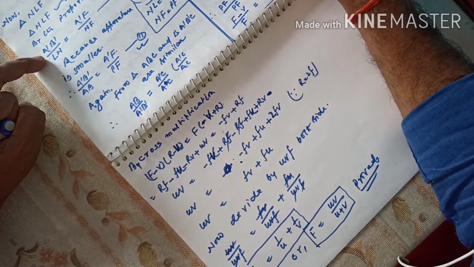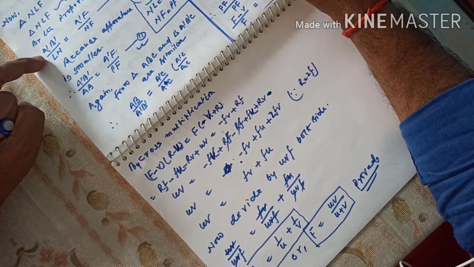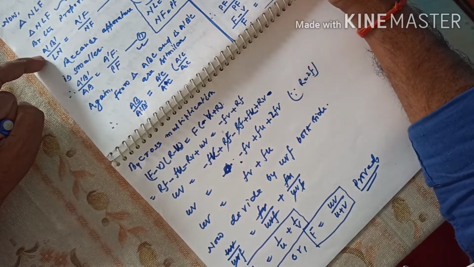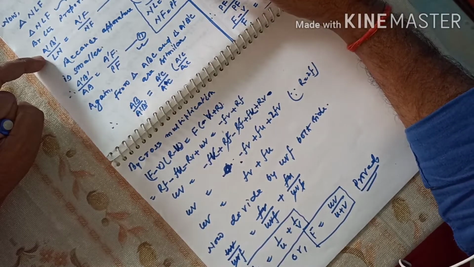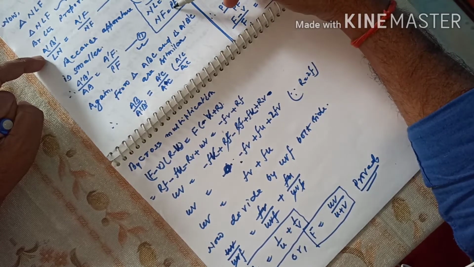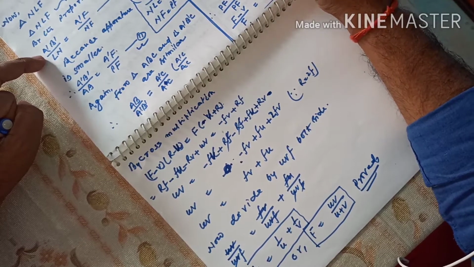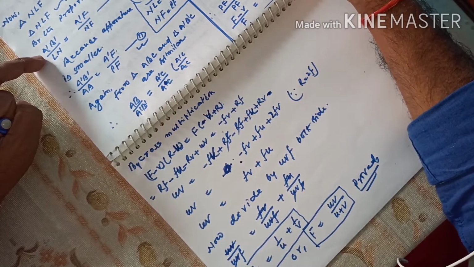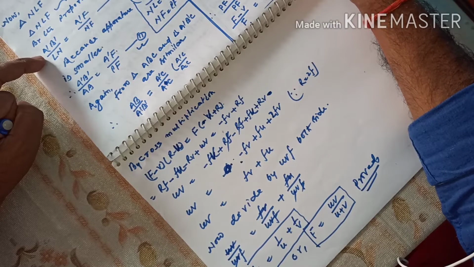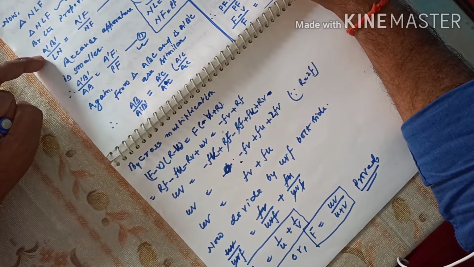Here the aperture of the mirror is very small and P is very near to N. So P equals N, very near, and LN is parallel to AB. So we write AB equal to LN, or NL.